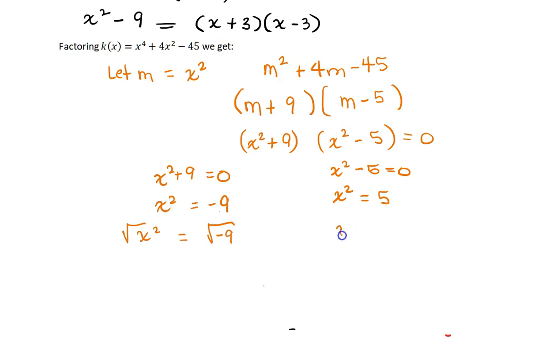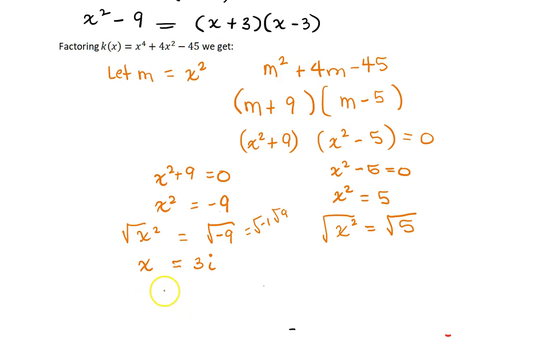Taking the square root of x squared gets me my original x, and the square root of negative 1 and the square root of 9 multiplied together gives me 3i as a solution.